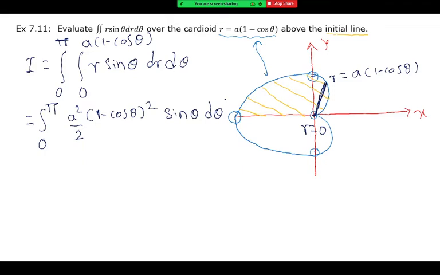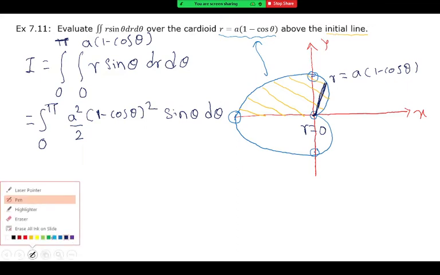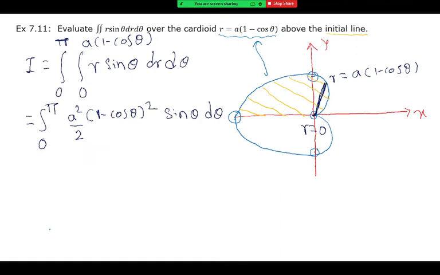I hope you are getting. Yes, sir. Next step. Now how to integrate this? Take cos theta as t. Instead of cos theta as t, you can put the entire bracket as t.